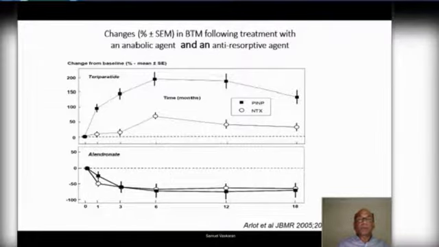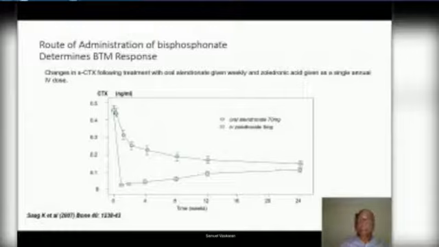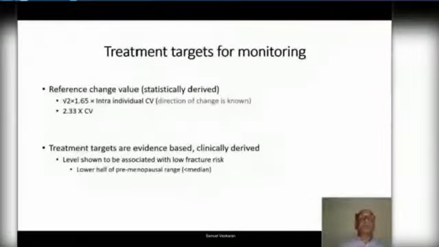However, the reduction in bone formation is less than the reduction in bone resorption. This leads to an increase in bone density and reduction in fracture risk. The route of administration of bisphosphonate determines the BTM response as well. As you can see in this diagram, the CTX levels decrease quite drastically following intravenous zoledronic acid, as opposed to a slower and shallower reduction following oral alendronate treatment.